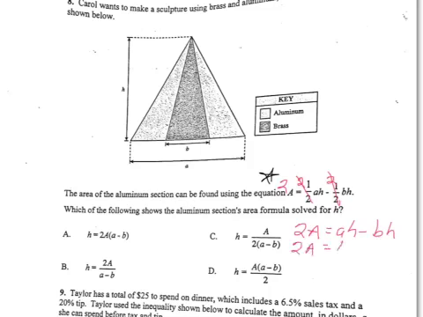So it's H on the outside, and then I'm going to divide AH by H, and that leaves me with A, and divide BH by H, and that leaves me with B. So now, to solve for H, all I need to do is divide both sides by A minus B. And so 2A over the quantity A minus B is equal to H. So that would be answer choice B.